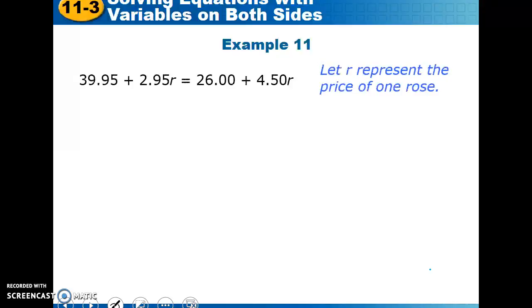So here's our equation here. So now we have to solve. So we have a variable over here and a variable over here. We have to get them on one side in order to solve. Again, we want to keep it positive, so let's subtract 2.95R from both sides. This one goes away.